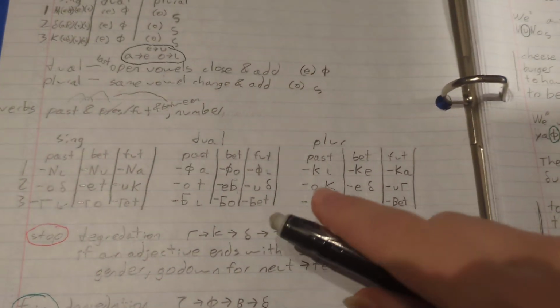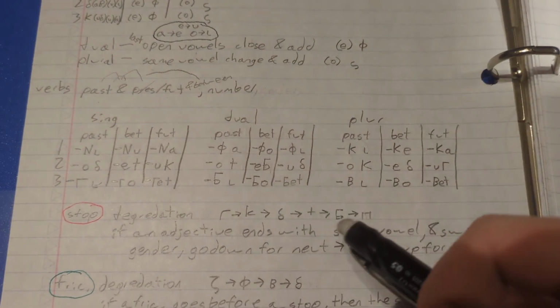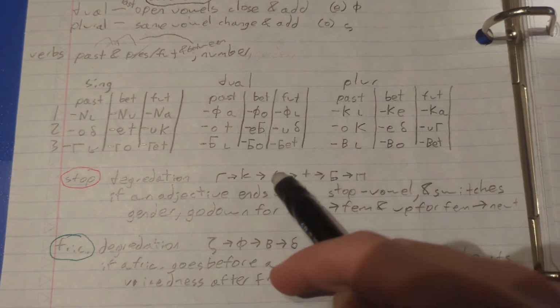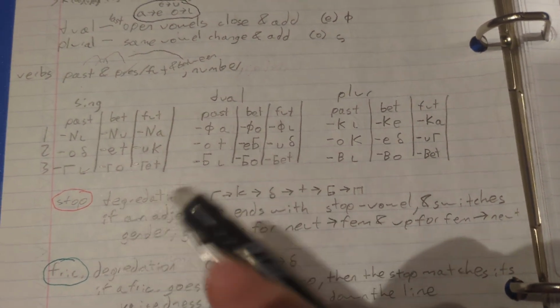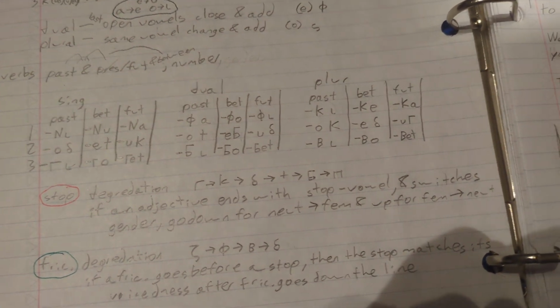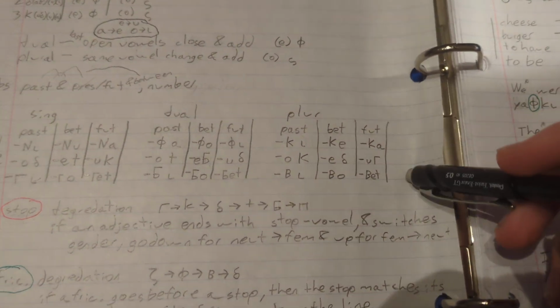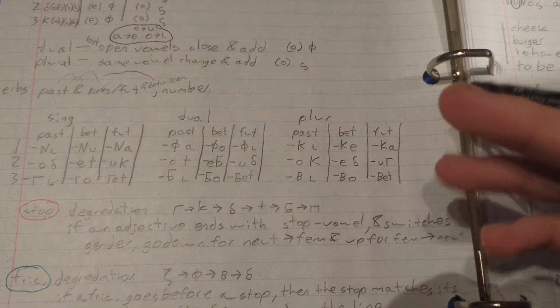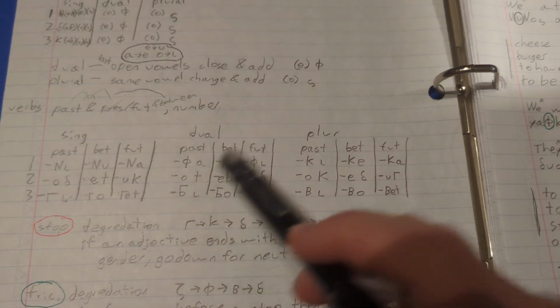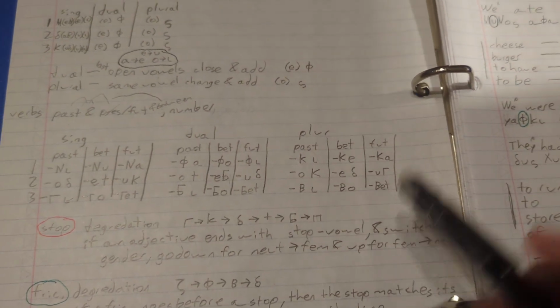And then voiced to unvoiced. I mean, you can see in this case, delta is treated as a duh. But basically, if an adjective ends with a stop and then a vowel, and it switches the gender from neuter to feminine or feminine to neuter, for neuter to feminine, it goes from good to puh, and vice versa.